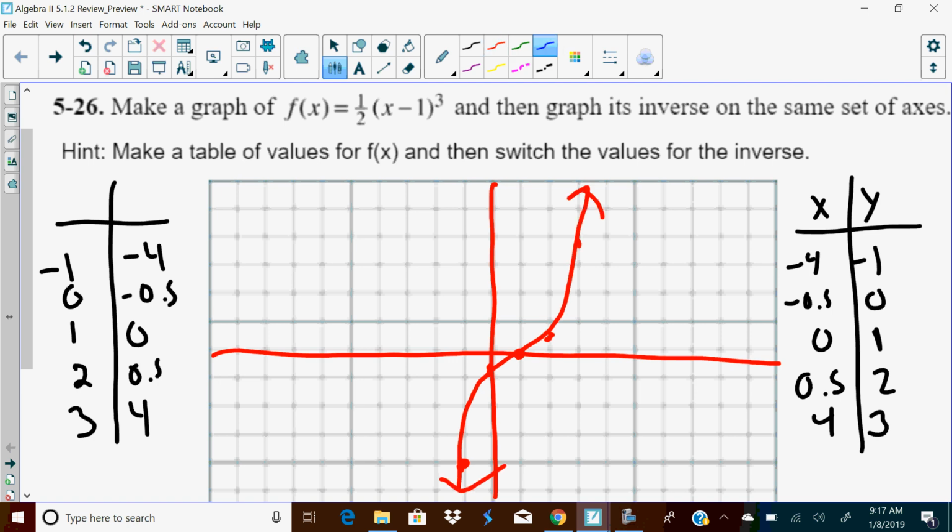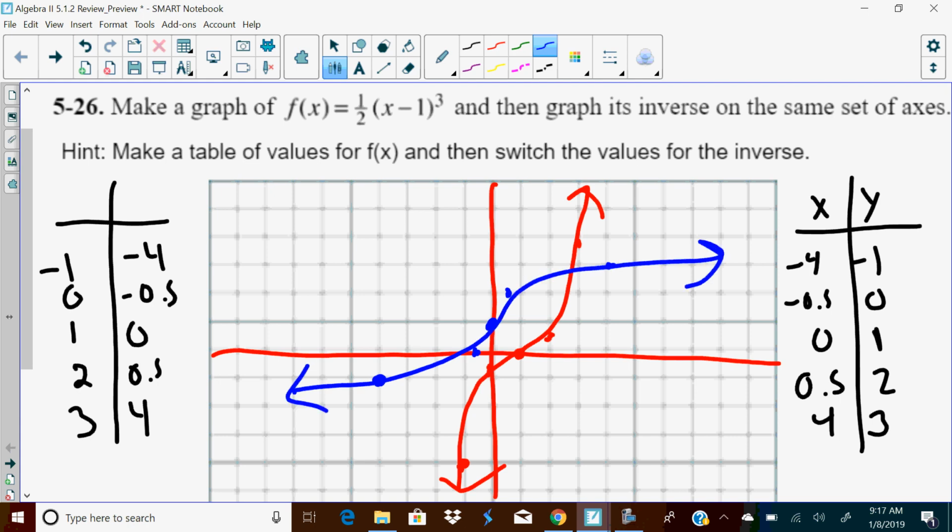And then my inverse graph, I do -4, -1, -0.5, 0, 0, 1, sorry, 0, 1 is right there. Then .5, 2 and 4, 3. That's what my inverse graph looks like.